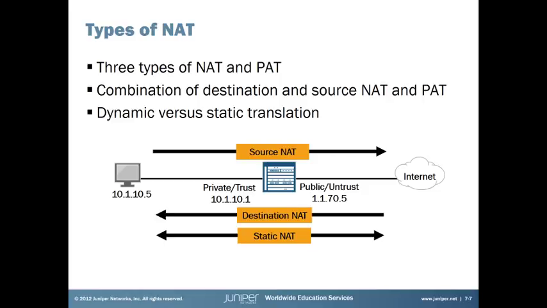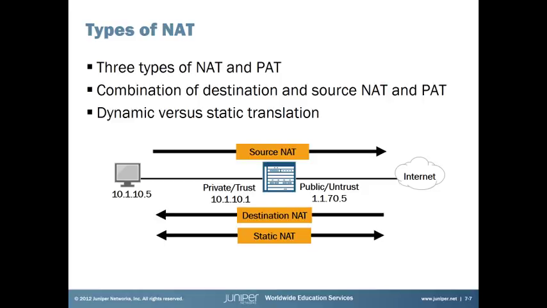But you do have access to our public address. That's where destination NATing comes in: you connect to our public address, and destination NATing takes that FTP traffic, puts it onto the private address of our FTP server, and connects you to our server. That's destination NATing.